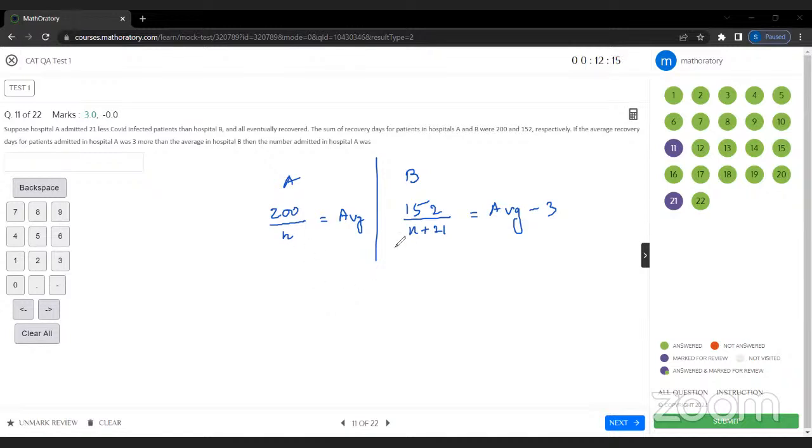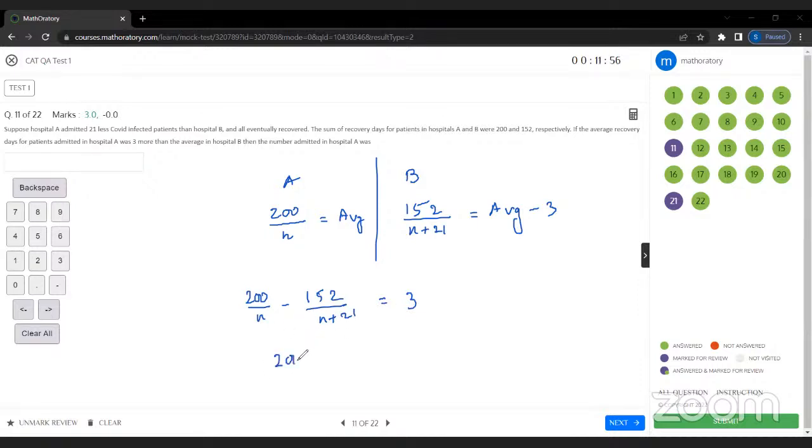ओके, तो एक्सप्लिसिटली करते हैं. तो we have 200 by n minus 152 by n plus 21 is equal to 3. I'm solving for n, so I'm keeping that variable.